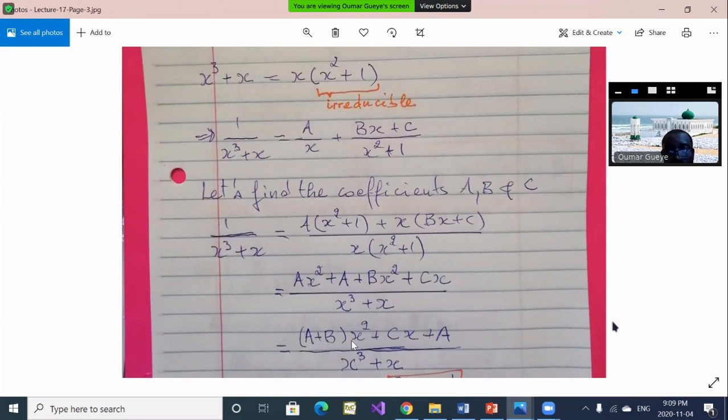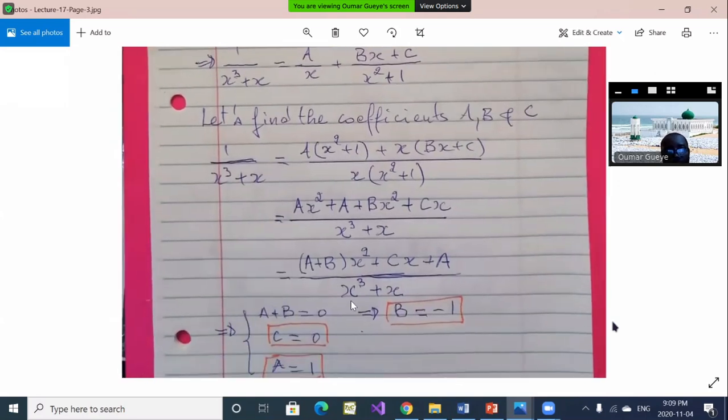So to be equal, A plus B should be 0. C also should be 0 because there is no x here. If there is no x, it's because its coefficient is 0. And A equals 1, because we have 1 here. That's exactly what we got here.